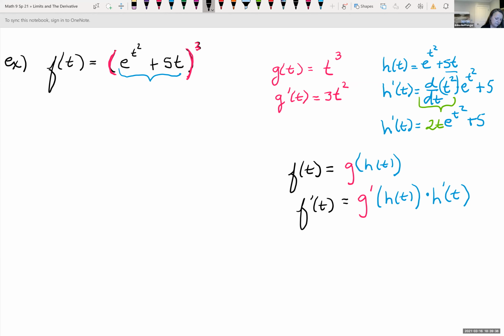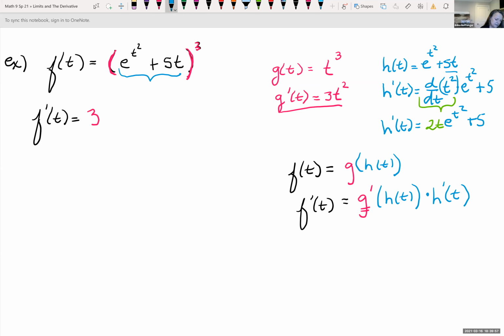So f prime of t is the derivative of the outer. Well, we found the derivative of the outer, so that is 3 of the inner function now.